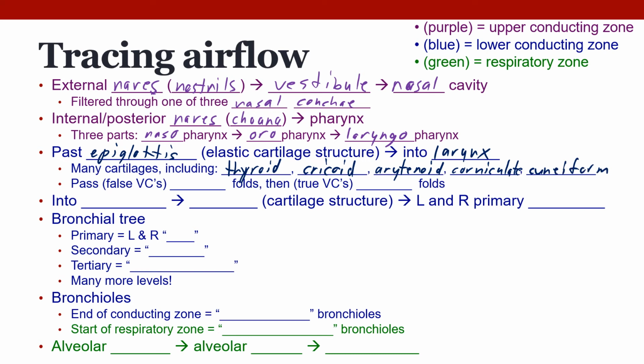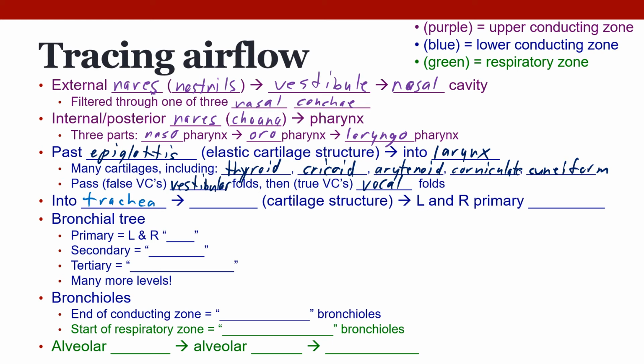Okay, we pass the false vocal cords, known as the vestibular folds, then the true vocal cords, known as the vocal folds, into the trachea.